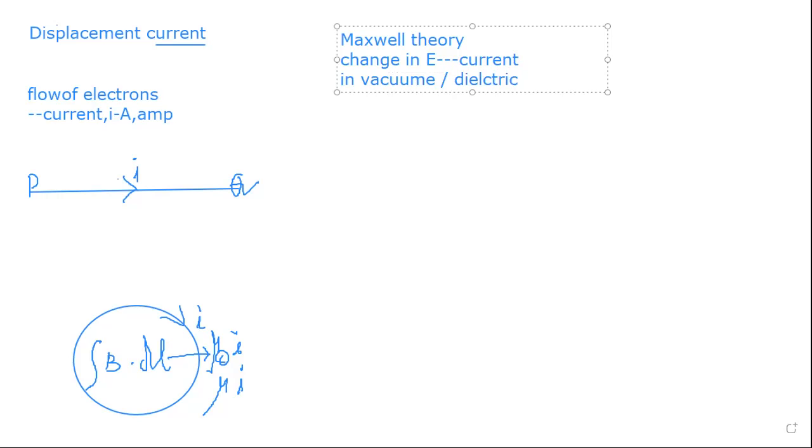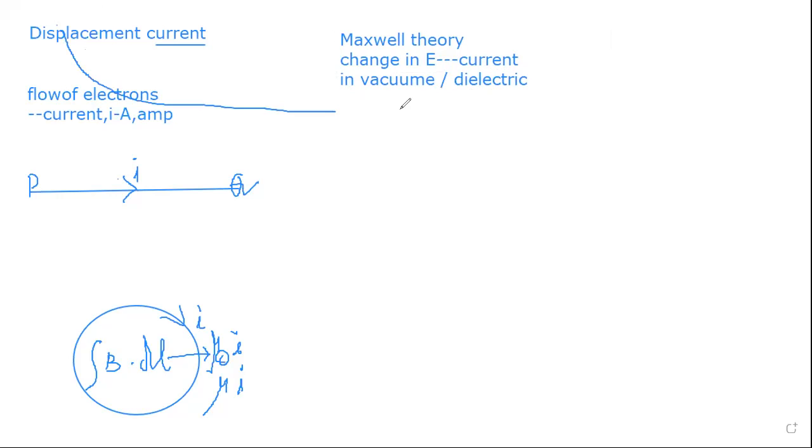So whenever there is a change in electric field, either in vacuum or in any dielectric medium, the change in electric field produces current. This current is known as displacement current.